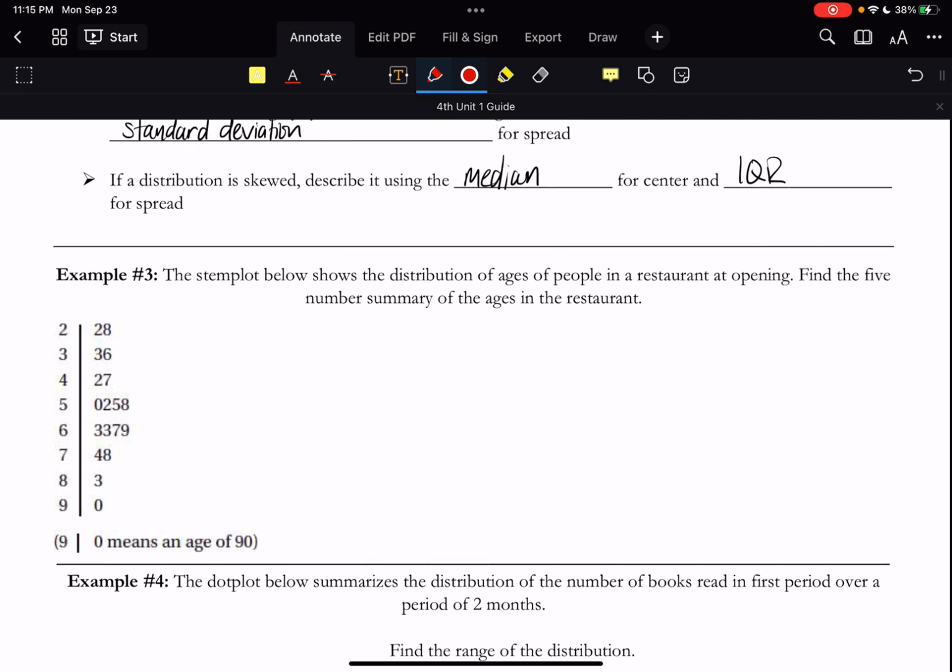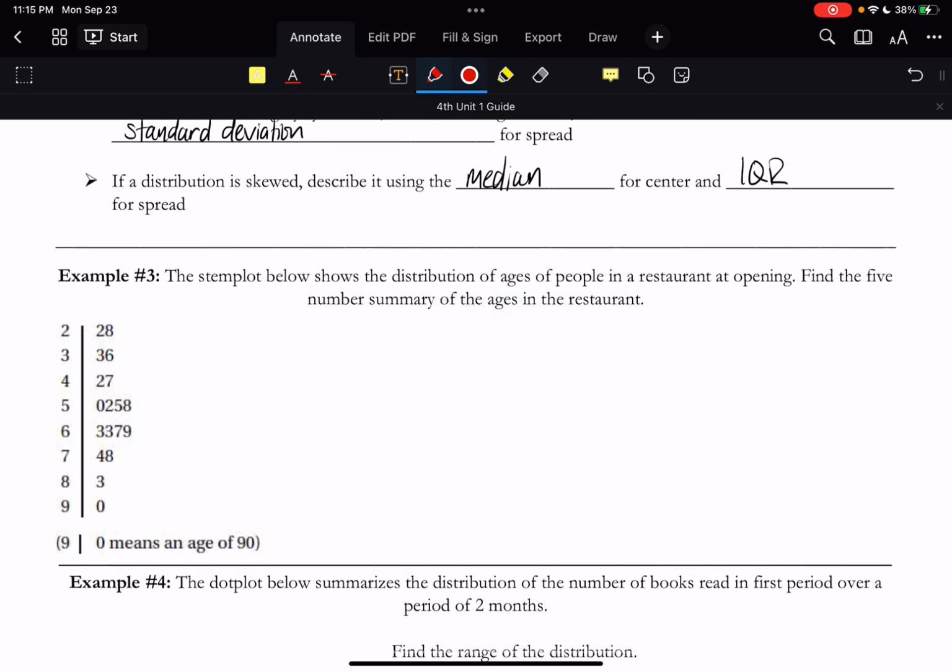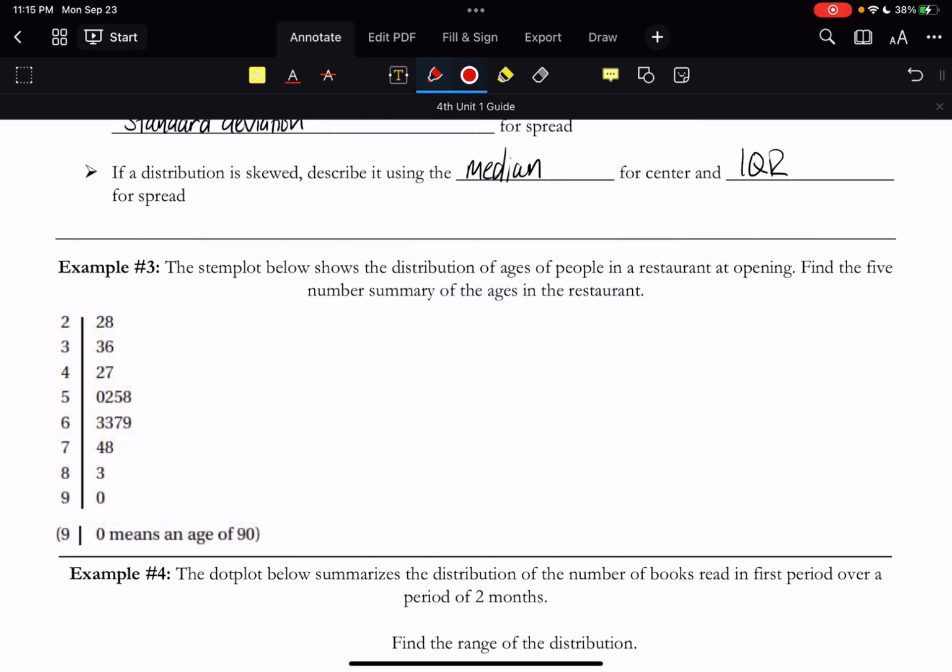All right, so I have a stem plot showing the distribution of ages of people in a restaurant at opening. I want to find the 5-number summary of the ages in the restaurant. Okay, so it's easiest to write all of this out.